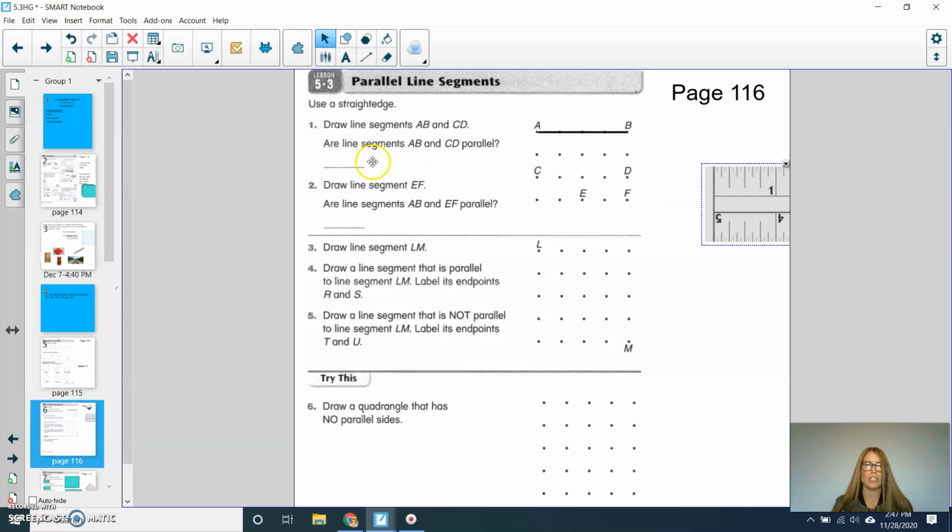And then answer the question, are they parallel? And then draw line segment EF. And then answer the question again, are line segments AB and EF parallel? So can you try questions just 1 and 2? Press pause, and then play when you're ready to check just 1 and 2.